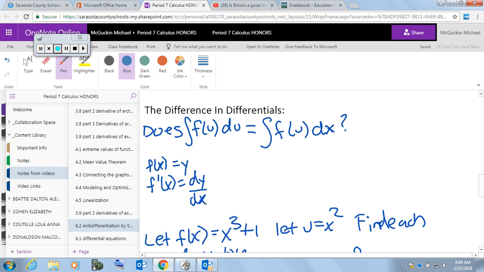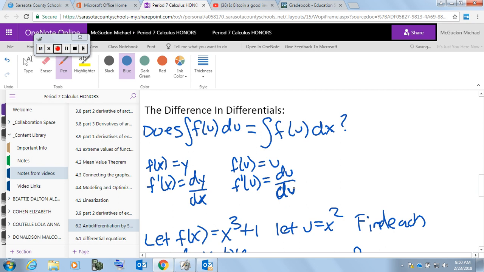So we read that dy dx, right? Now let's say we are looking specifically at another function, in which I said find the derivative now of f of u that is equal to u. Well, that would be f prime of u, which is equal to du. Now, let's look at the two options that we have here.